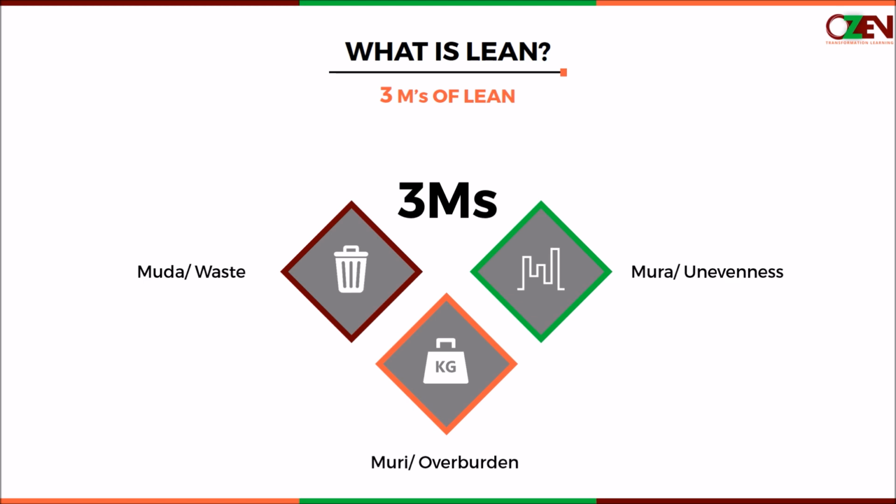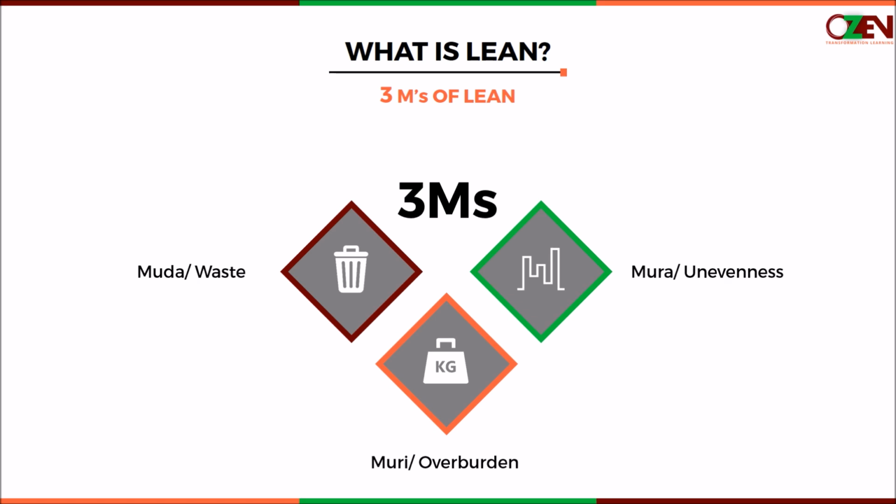Unevenness and overburden are often the causes of waste experienced in the process and are as critical as muda. Muda refers to waste or any non-valuable activity in a process, such as waiting. More examples of muda waste are discussed later in this lesson. Mura, or unevenness, is caused by placing demands on the people and our processes due to fluctuations in customer demand.